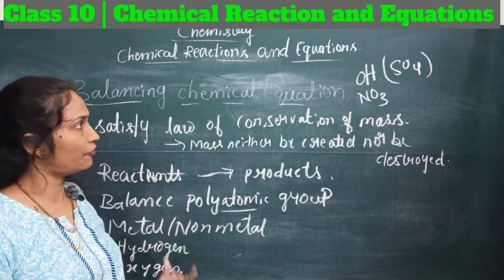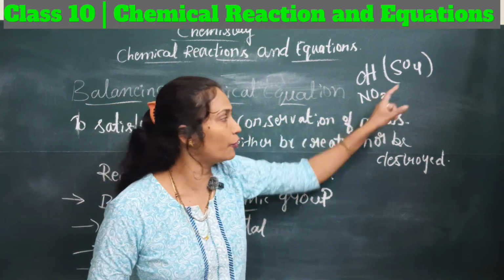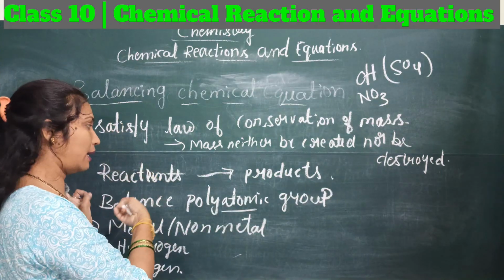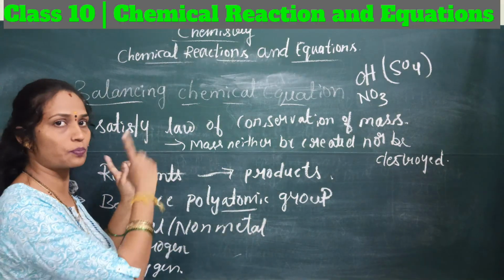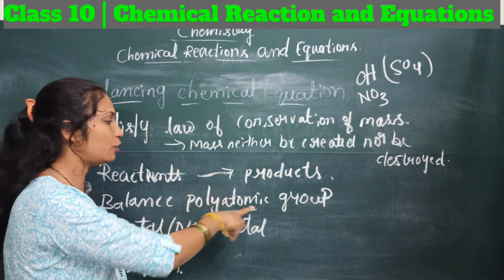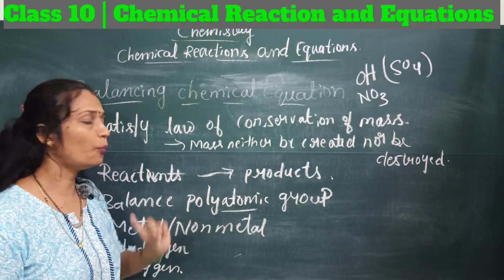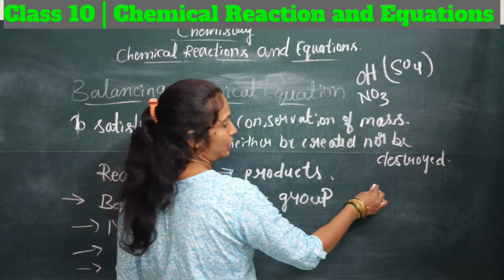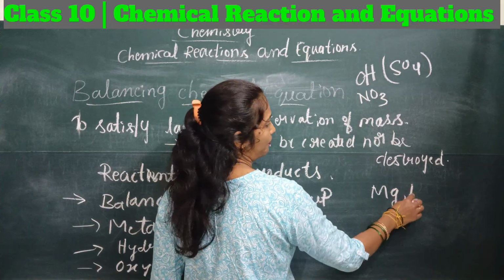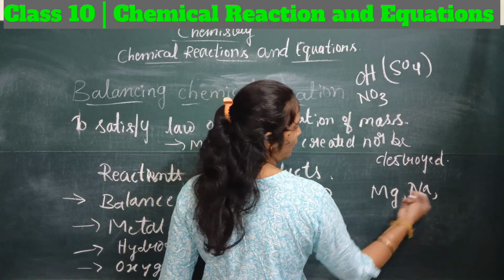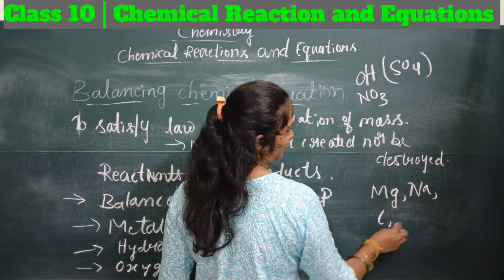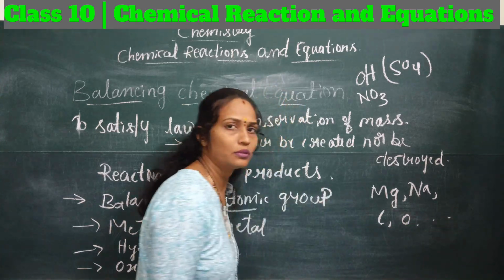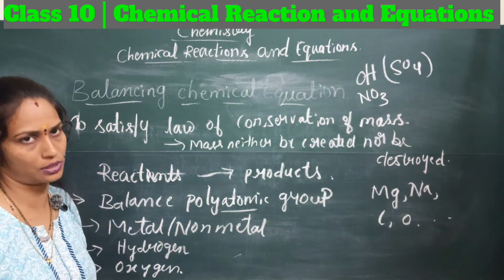You need to identify whether such a group is present in the reactant or in the product. If it is present on both sides, you need to balance the polyatomic group first. Next, balance metals and non-metals. Metals are magnesium, sodium, and non-metals are carbon, oxygen and so on.